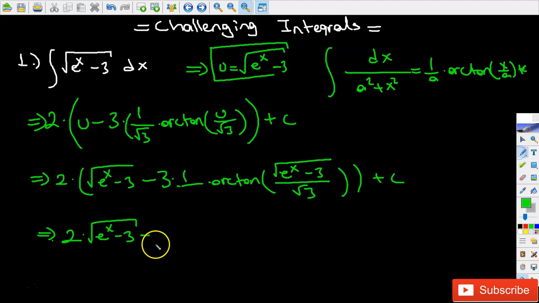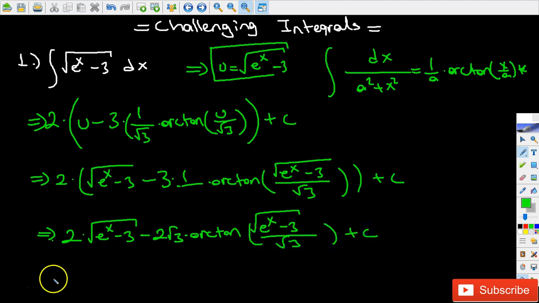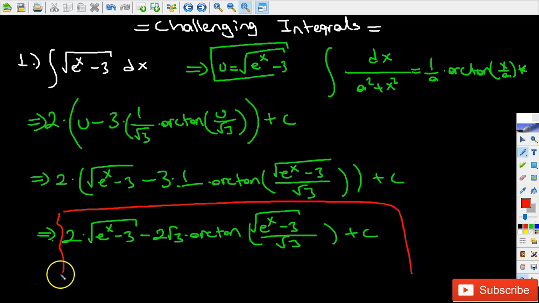My bad. So 2 square root of 3 times arctangent of the square root of e to the power of x minus 3, divided by the square root of 3, and plus c. So this is going to be our final answer for the integral.